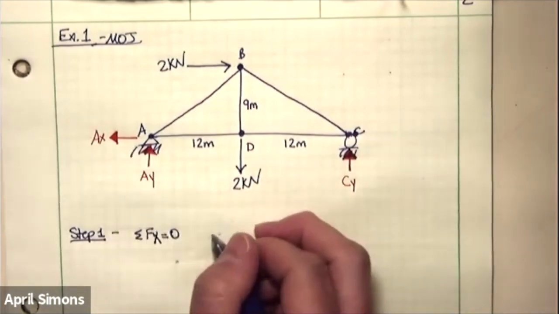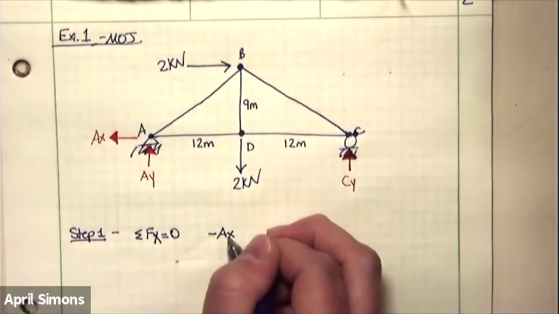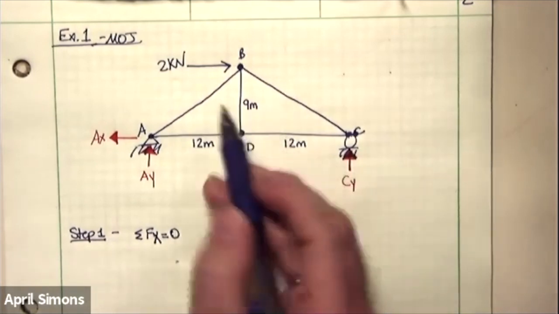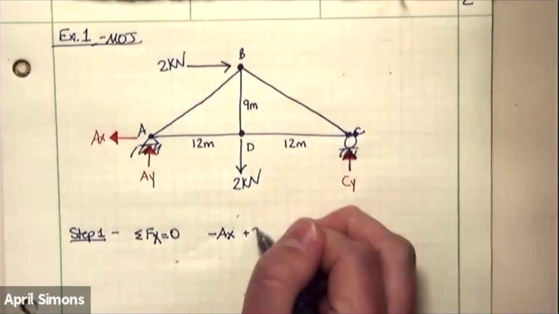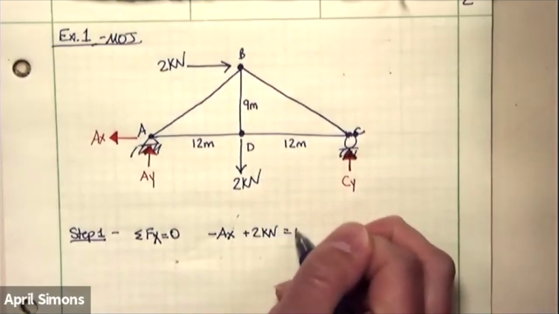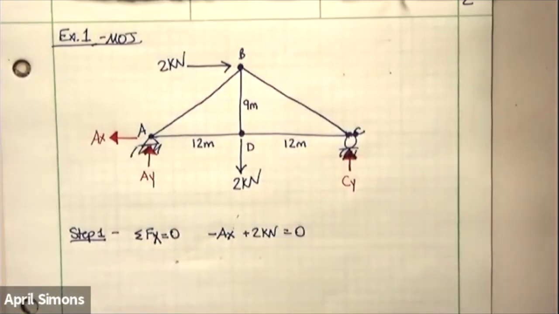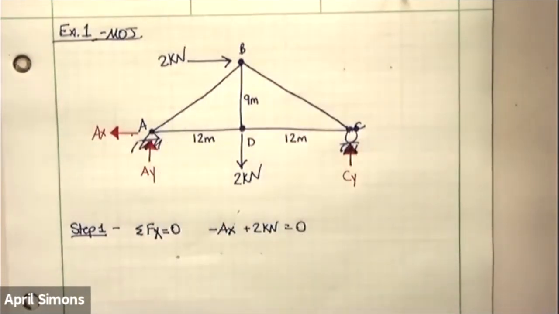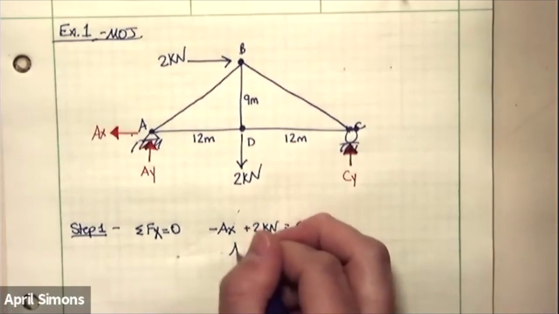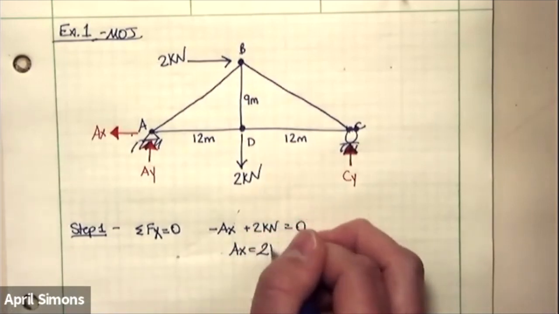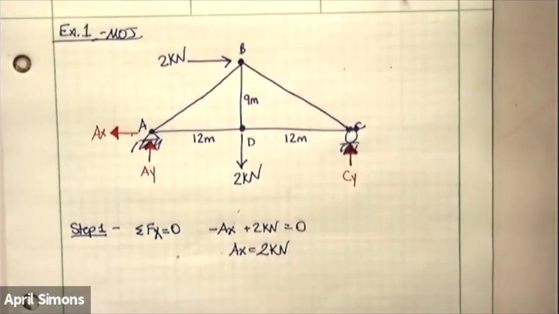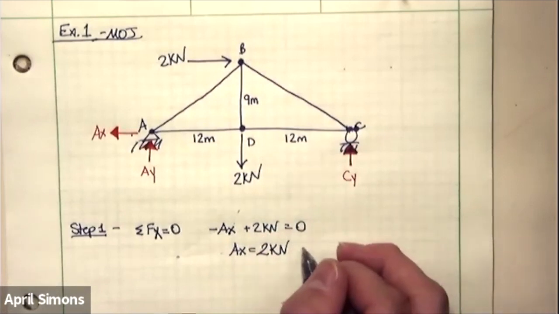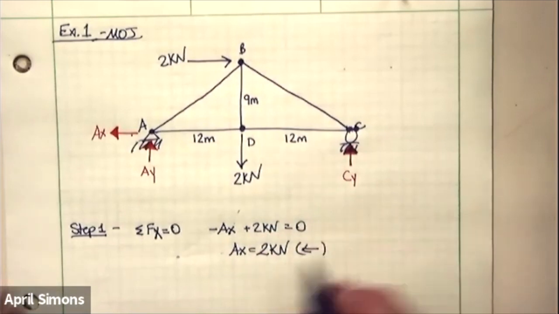We have negative AX plus 2 kilonewtons equals 0. So we've got the support reaction here, we've got one applied here. So here AX is equal to 2 kilonewtons. It's positive, so we drew it correctly to the left. So I'll just note that here.